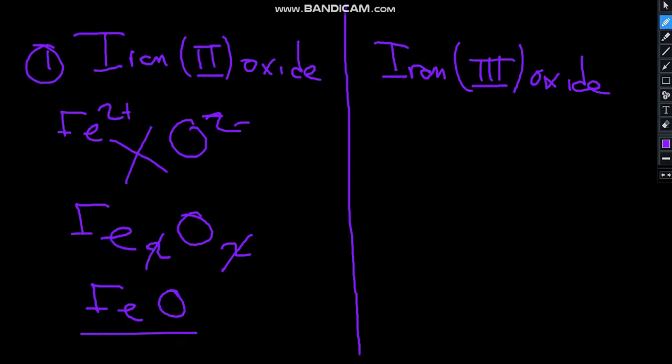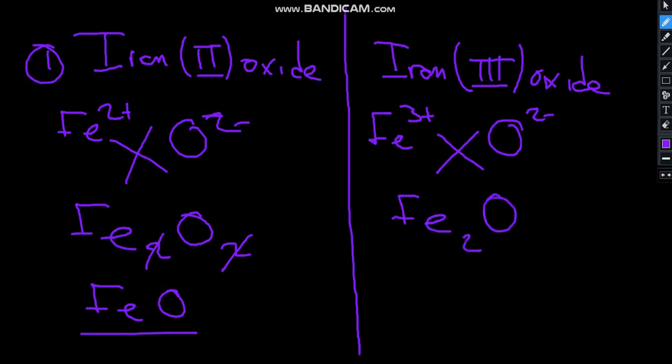Let's look at iron 3 oxide. So here iron will have a charge of 3, then oxygen will have a charge of -2. So if they crisscross, you have iron will get 2, then oxygen will get 3.